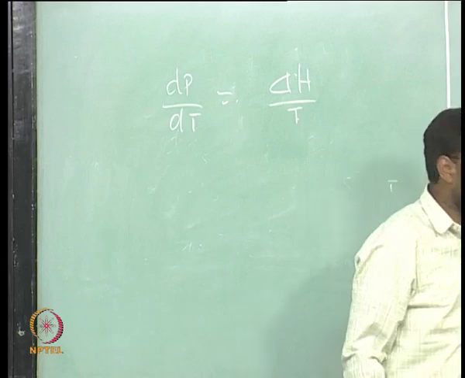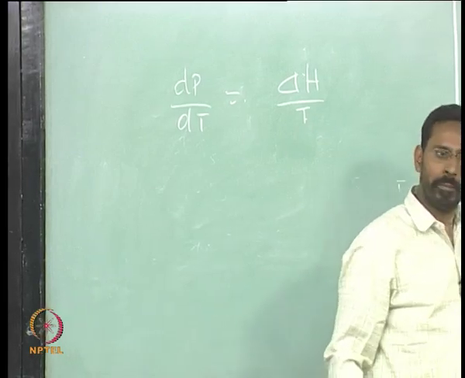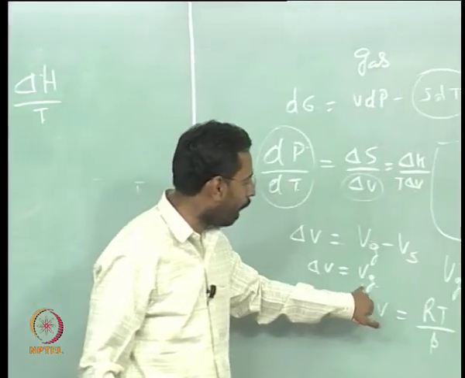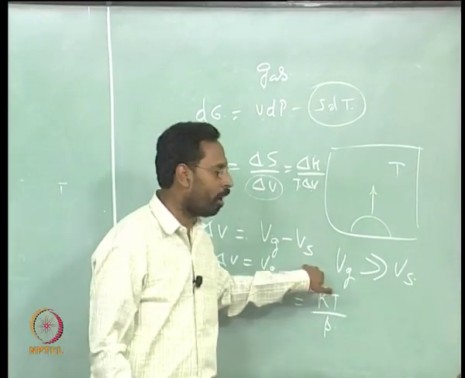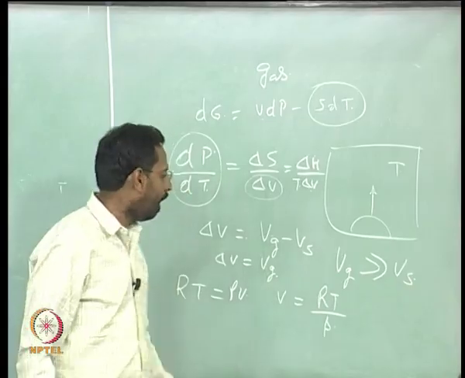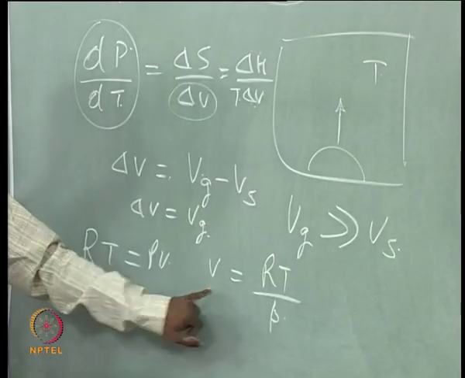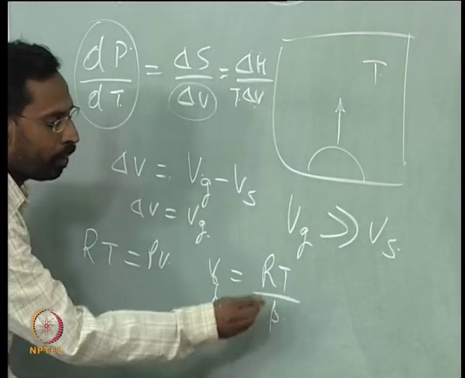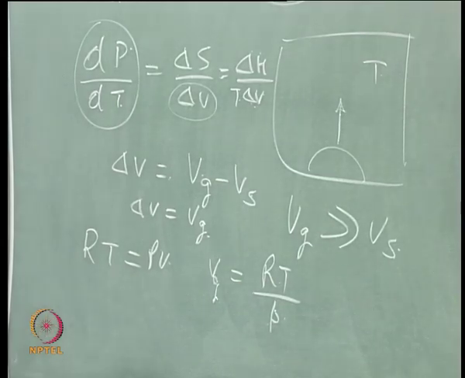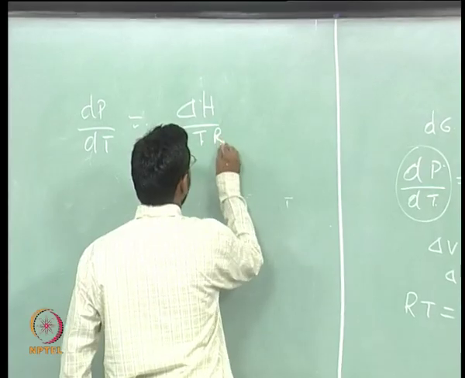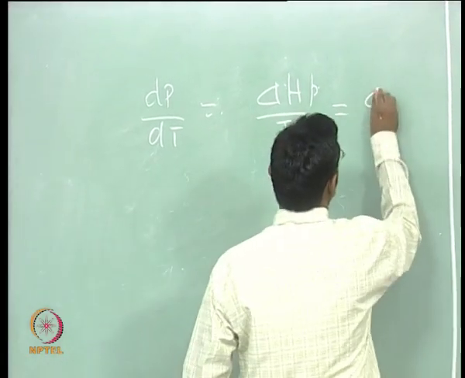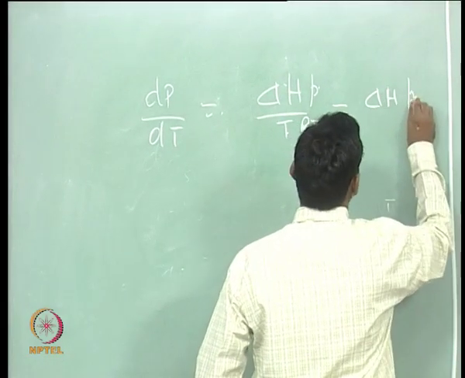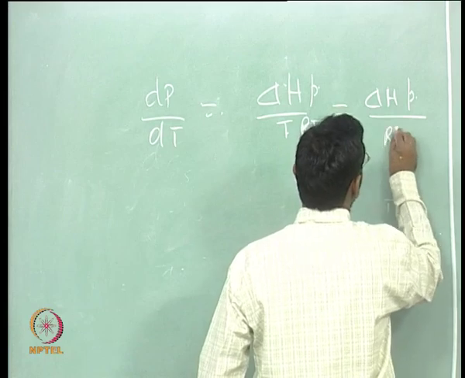In place of delta V we are writing V, because delta V we are approximating to V of the gas, because V of the solid is much smaller than the V of the gas, and in place of V of the gas we write RT by P. So, basically this becomes RT, P goes here. So, this basically means delta H into P divided by RT square.